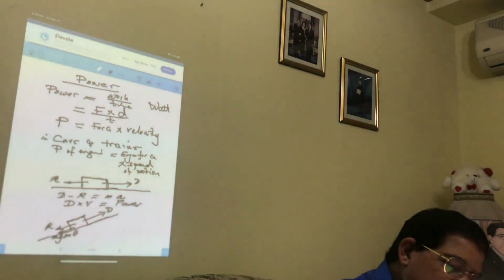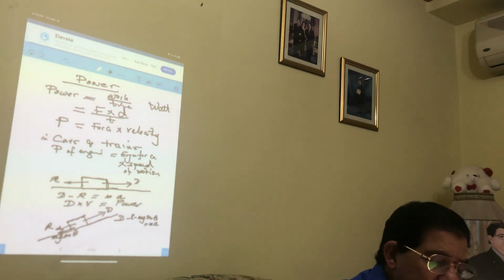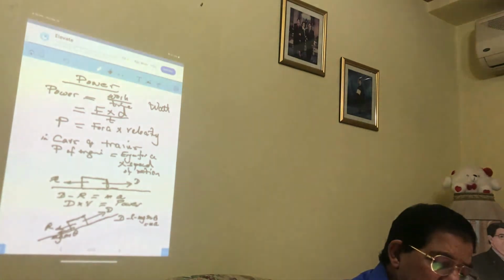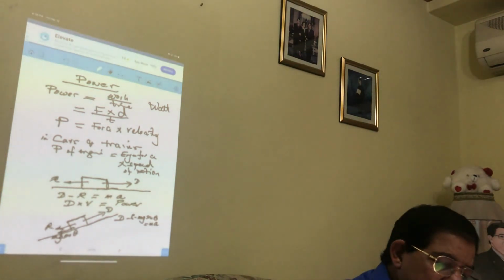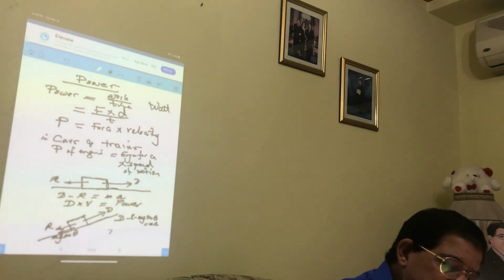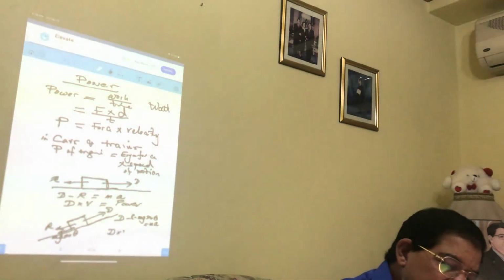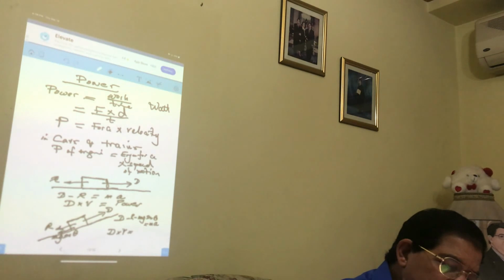Then the driving force minus R minus mg sine theta equals MA. And the driving force times the velocity equals the power of the engine.